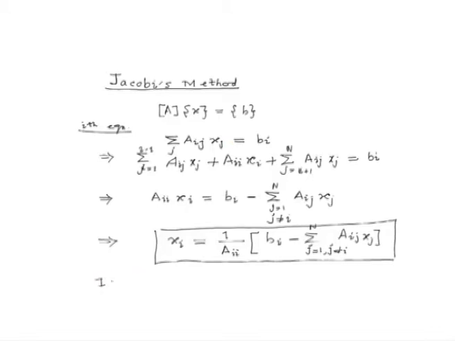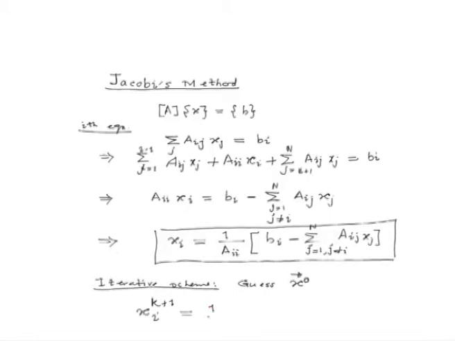So, this iterative scheme becomes: guess x0. Now, let us put our iteration counter as a subscript. So, let us guess an initial value which we will denote by subscript 0, and then we will obtain the next iterate x_i^(k+1).